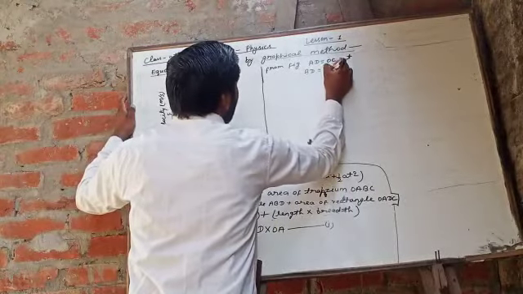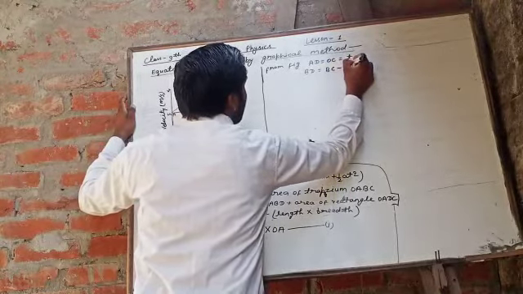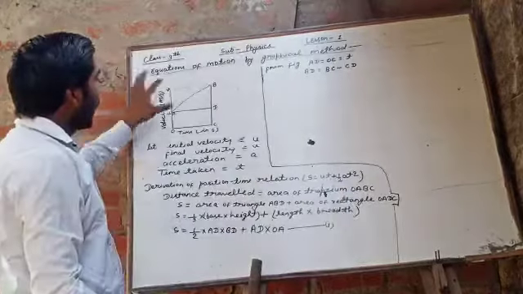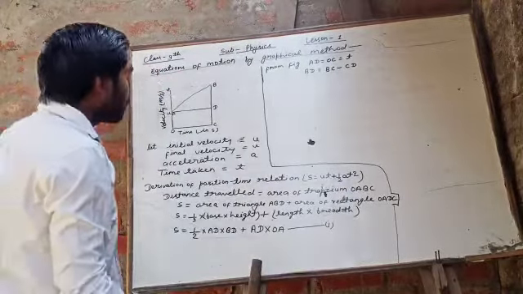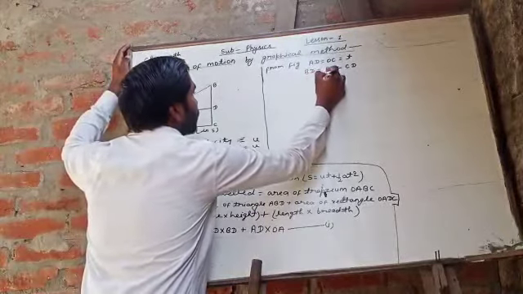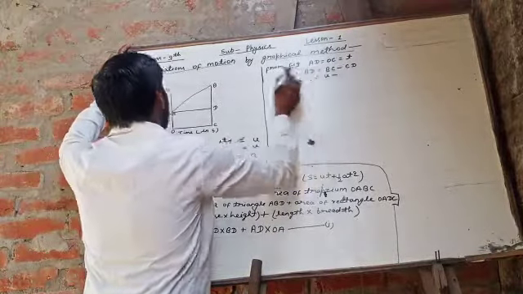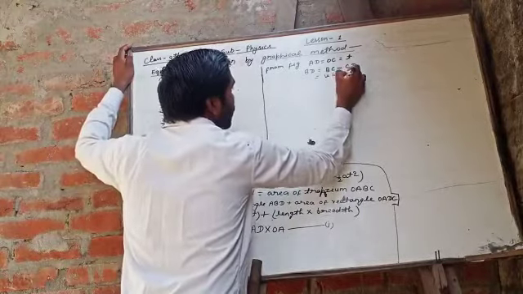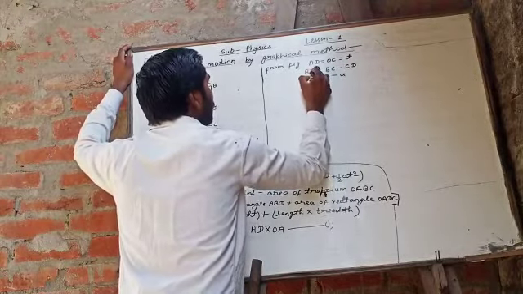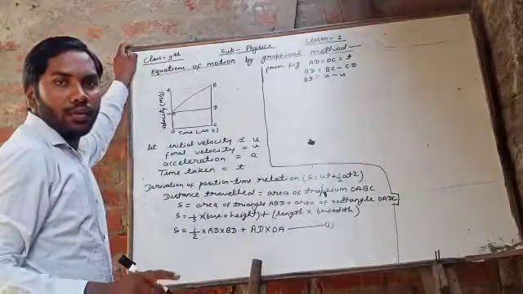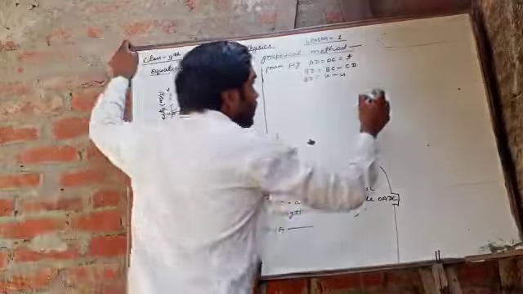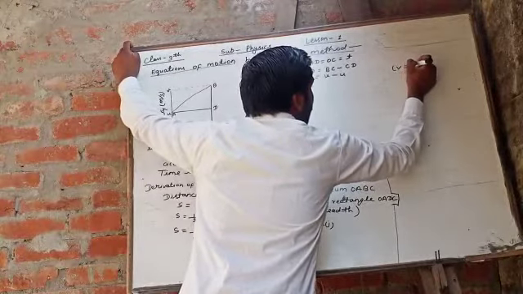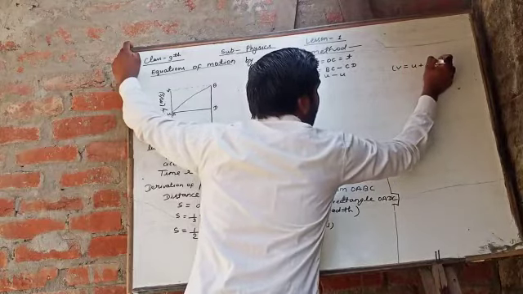BC means total V and CD is equal to OA, and that is U. By using the first equation of motion, V is equal to U plus AT.